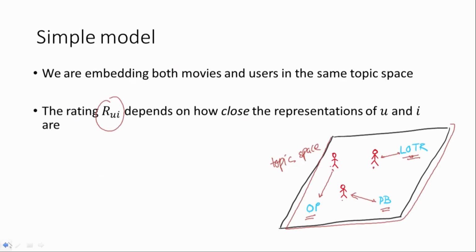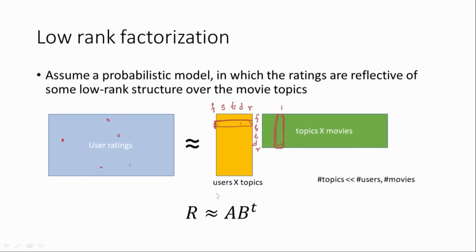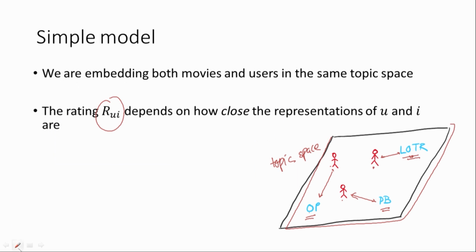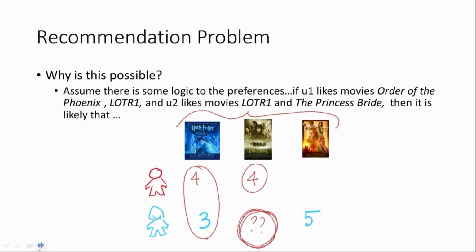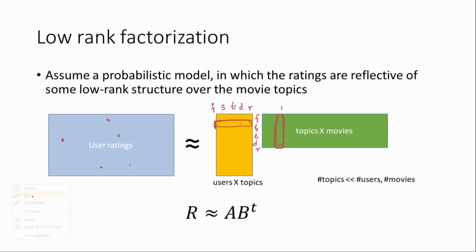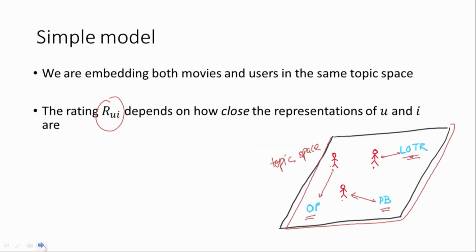The rank of this matrix is at most K. So in some sense, I'm representing R by a low rank matrix, which is where SVD comes into play, right?